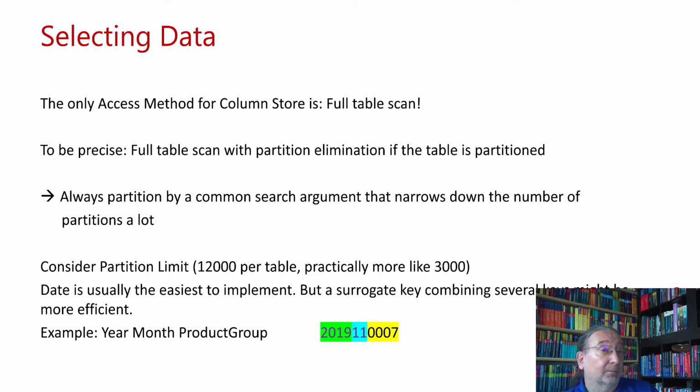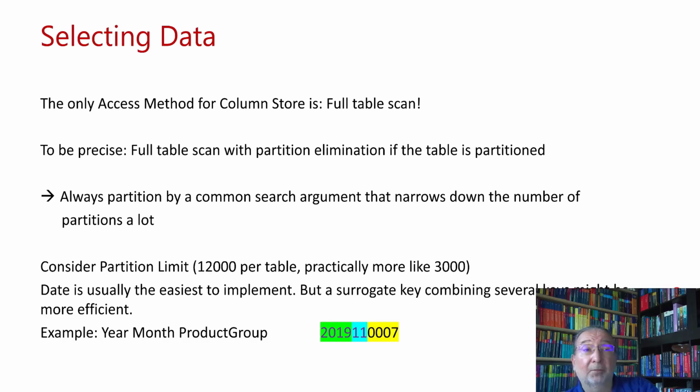So let's go back to the example with the date. If most of the time you need reports that cover one day, partitioning by day is perfect, because you will have the where clause where date equals this specific day, and then column store can figure out, oh, that's my partition key, I just pick the partition with the one date that matches.